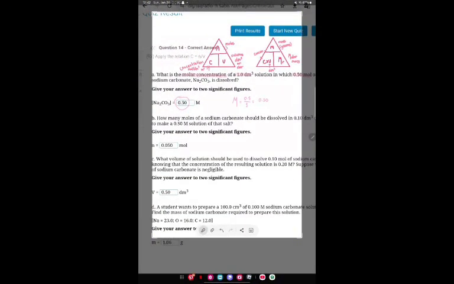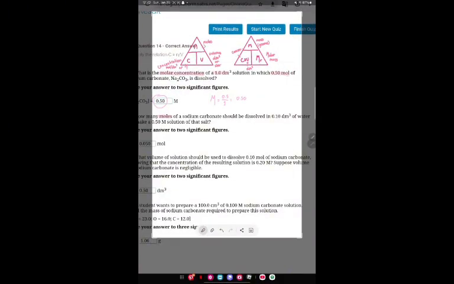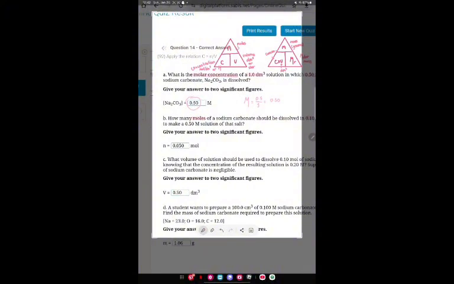Okay, here it says how many moles. So they want the moles, okay? Should be dissolved in, okay, here they said 0.10 decimeter cubed, which is volume, and they have the concentration, which is 0.50. So we have the concentration, we have the volume, they want the moles, so obviously we're going to use this rule again.